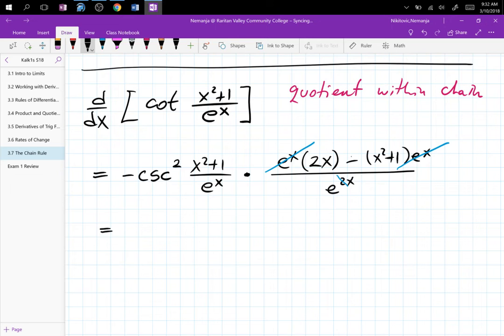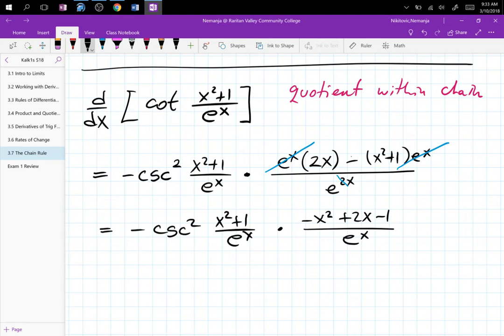So what's left? Negative cosecant square of x squared plus 1 over e to the x times, and now I have negative x squared plus 2x minus 1 divided by e to the x.